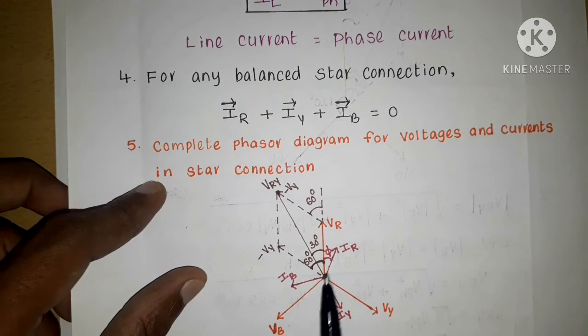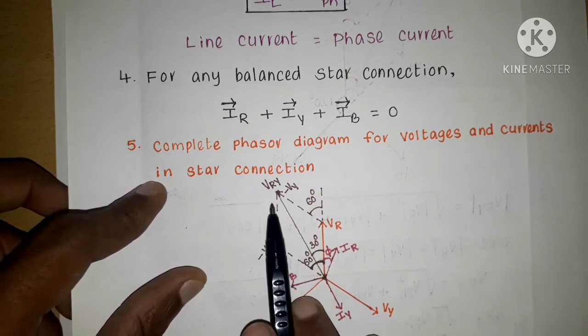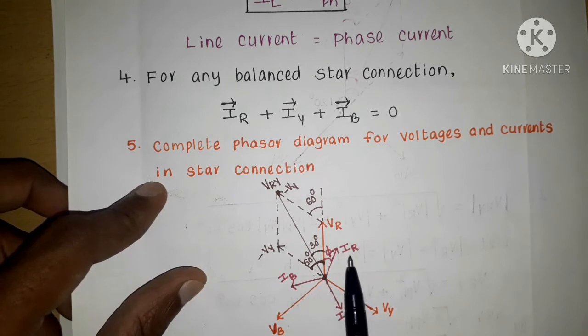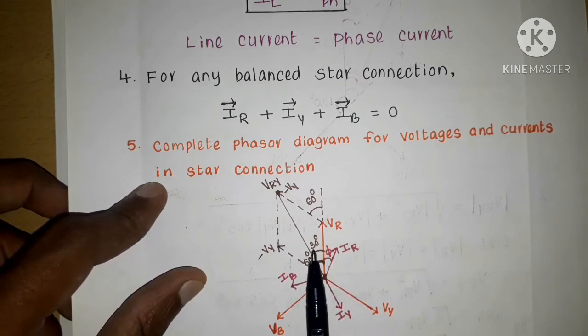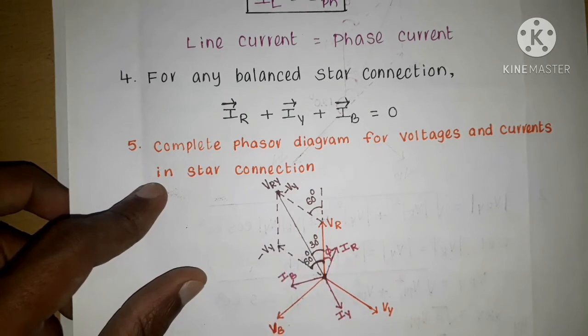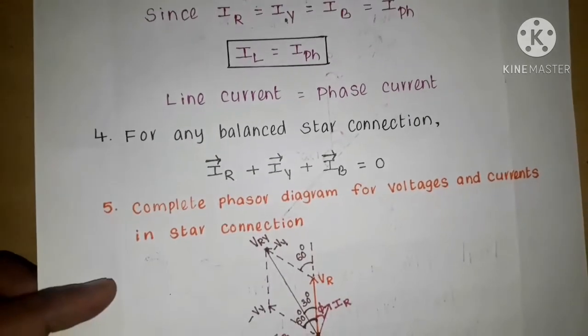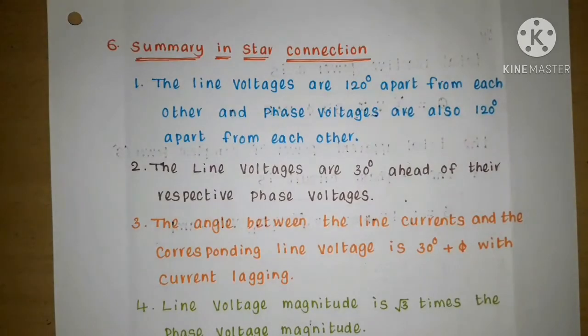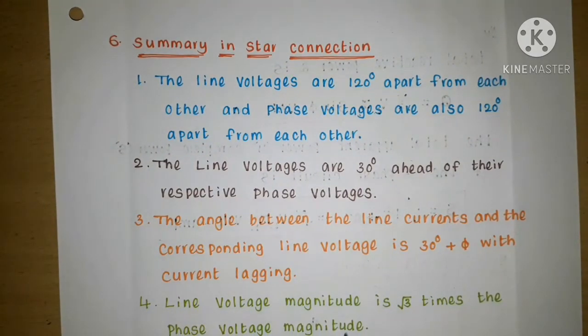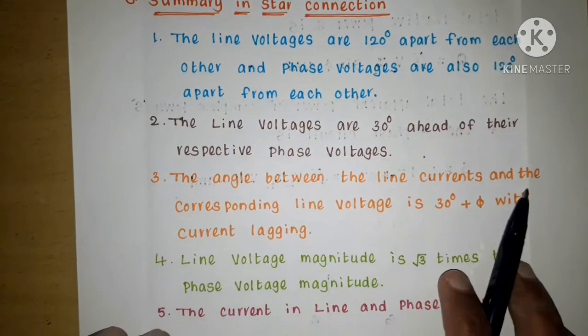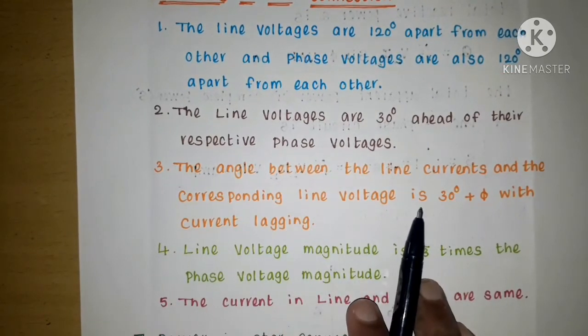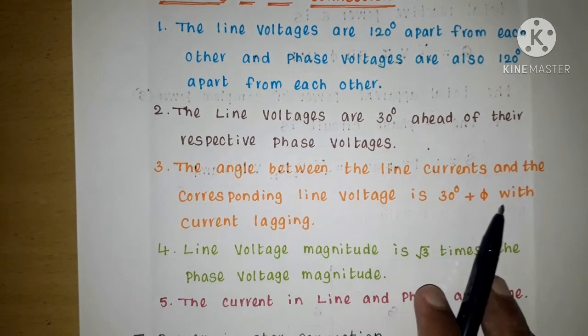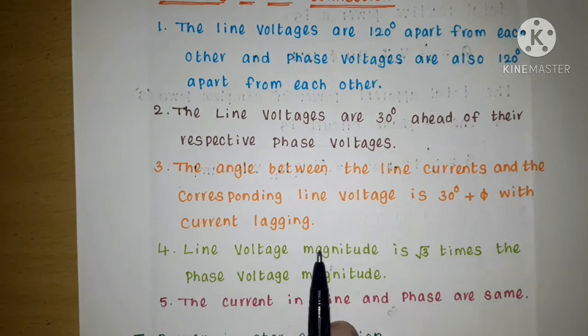The angle between VRY, which is a line voltage, and IR, a line current, is 30 degrees plus phi, and current lags the voltage.